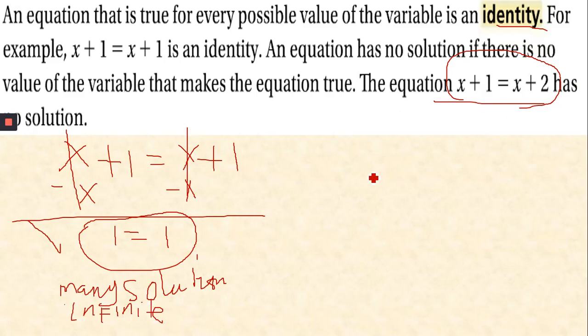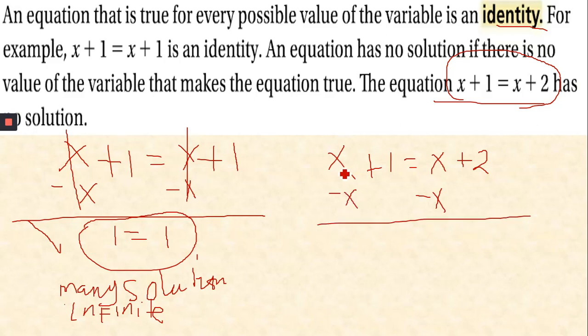Now, let us consider this one. x plus 1 equals x plus 2. Do the same thing, combine similar terms. We need to get the opposite of positive x, and that is negative x, on both sides of the equation. What is x minus x? That is 0.